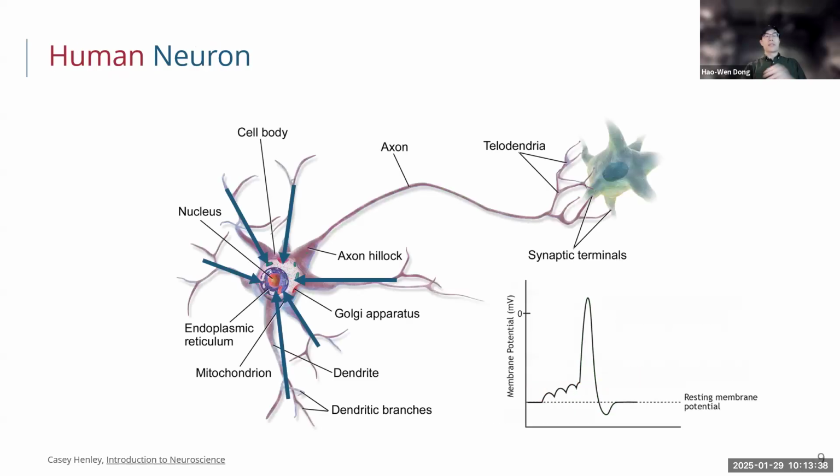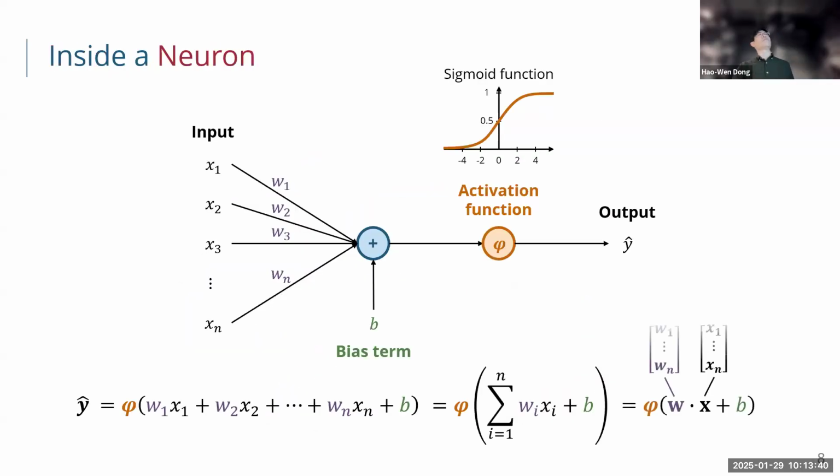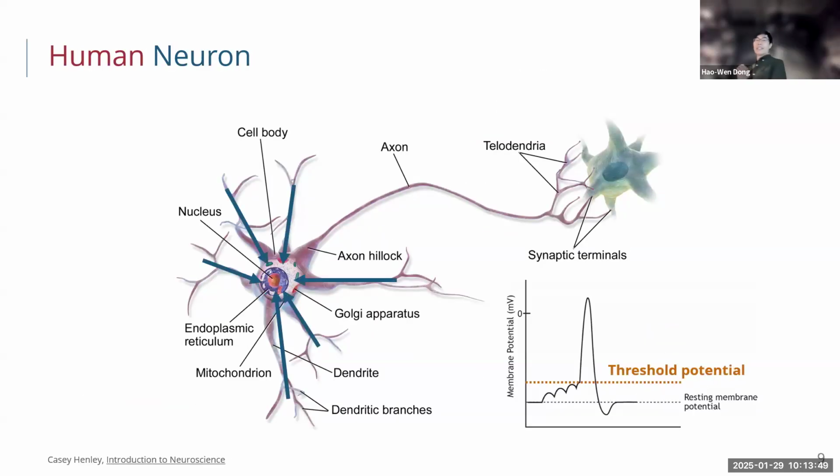So in this plot, you see this weird sigmoid function, which is basically an activation function. This serves the same idea as the threshold potential: we want to see whether it's important enough that we send something out. So we want a gate, a switch, something that has decision-making potential inside it.